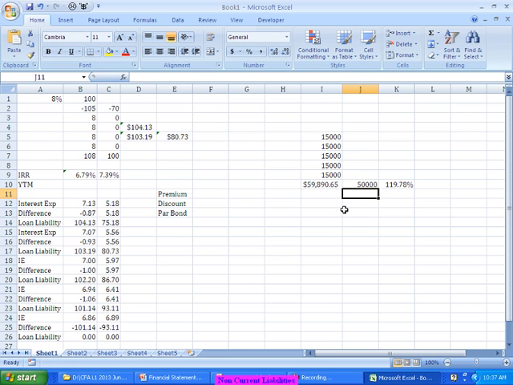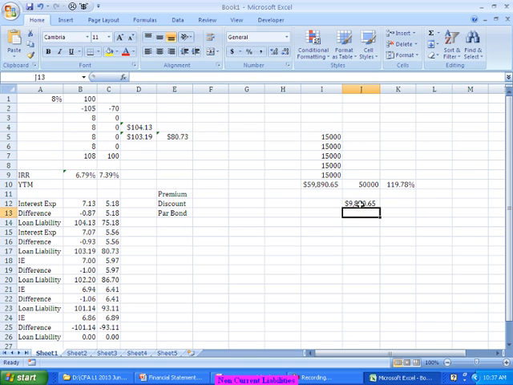So the actual price of this asset is only 50,000, but the way I'm charging you is 15,000 per year, whose present value works out to 59,890, which means the difference between the two is an immediate gain.